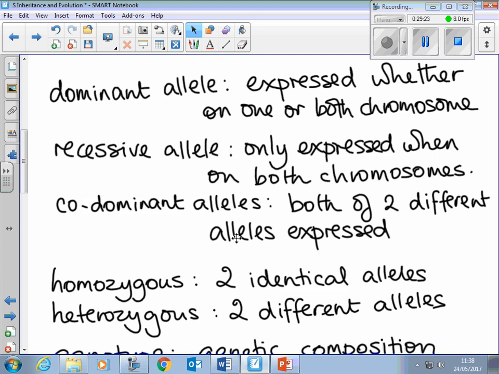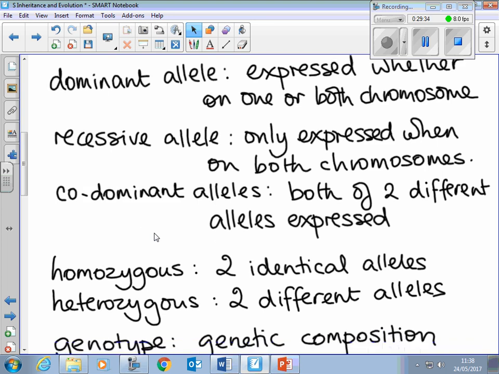Codominant, both of two different alleles expressed, so something like the A and B blood groups, or the black and ginger in tortoiseshell cats. You also get dominance hierarchies, and the example on here, I think, yes, I've given you a hierarchy one to work out, and there is one like that on the exam paper.